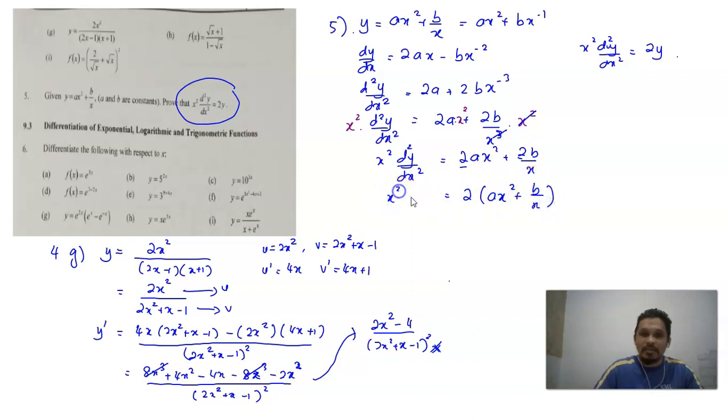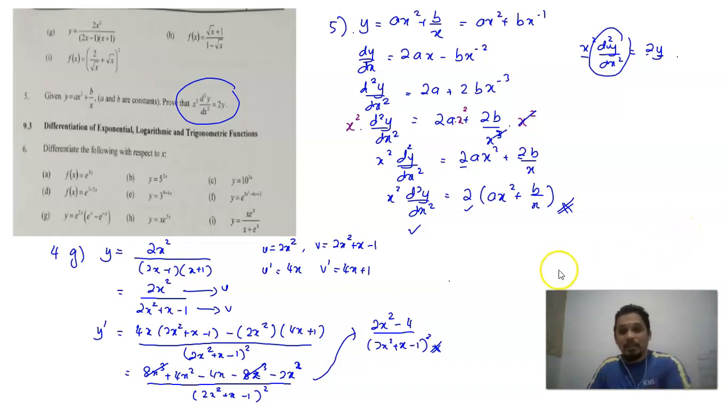And this is x squared second derivative of y with respect to x. Okay, x squared second derivative of y with respect to x is all here. And 2, and look at this one, y. What is the term of y here just now? ax squared plus b over x. There you go. Okay. Get it?